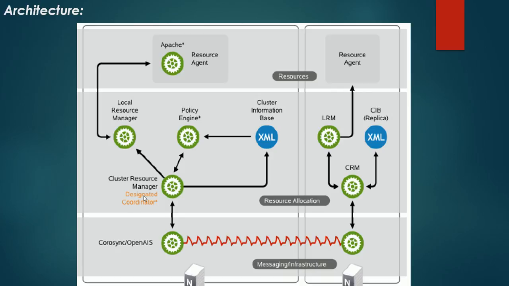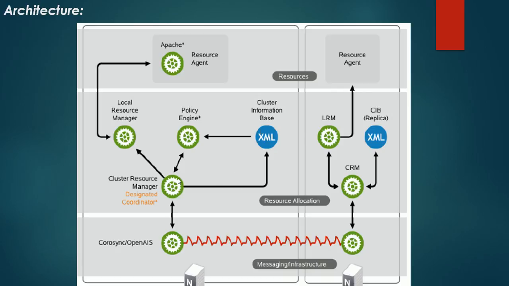The designated coordinator acts a major role when it comes to any request, right? It communicates with the PE, the policy engine. It also communicates to the local resource manager, and it will update the changes or the requests we have sent; the signal is populated to the XML file here.